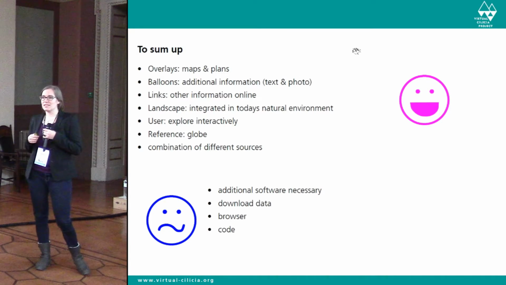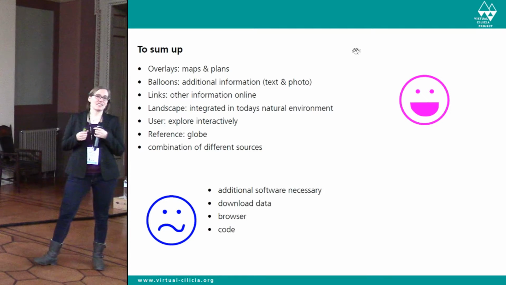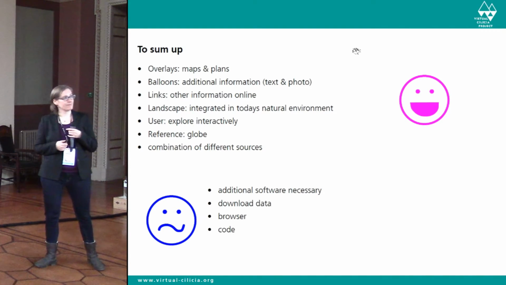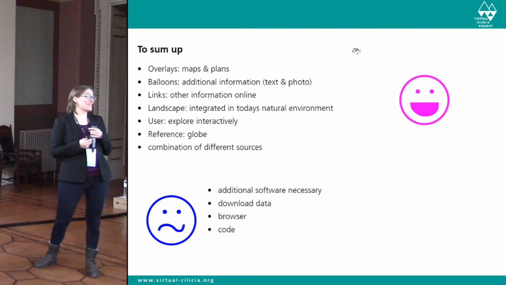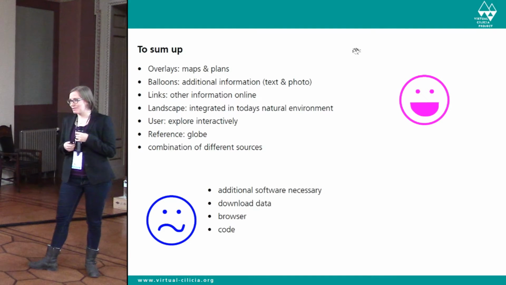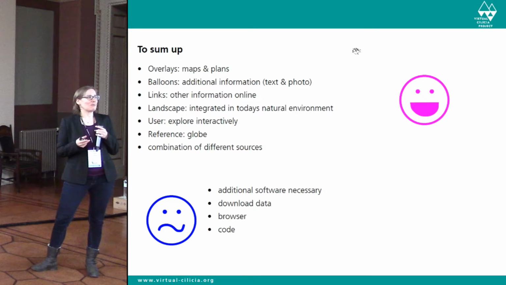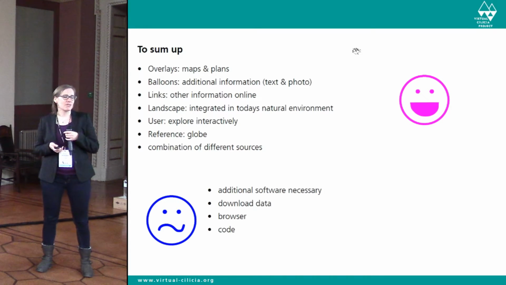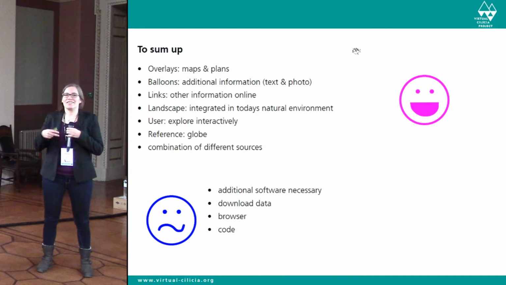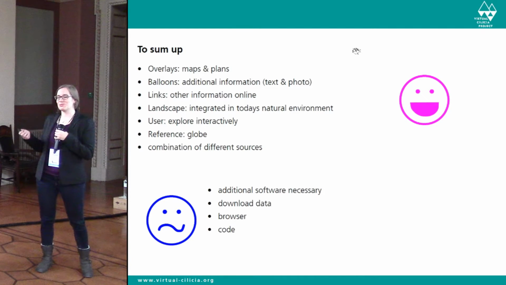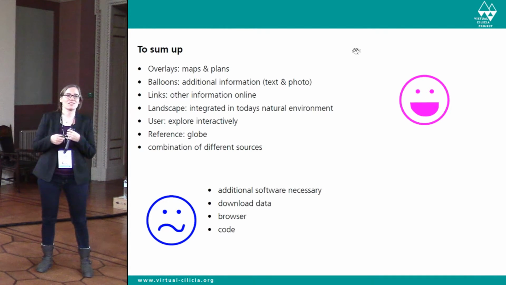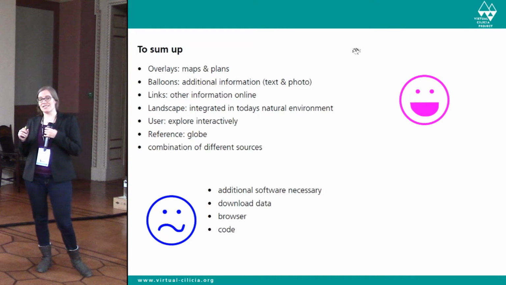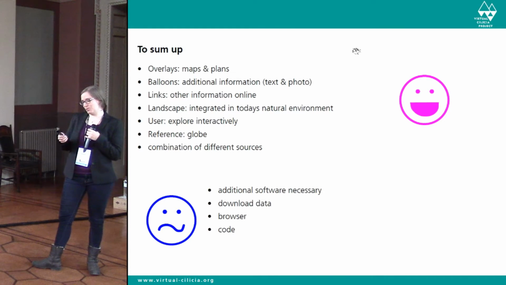And I think the main positive thing is that the combination of different sources provides more information. Negative, there is additional software necessary, you have to download data, it's not running very well in the browser. And if you're interested in adding your own icons, choosing the layout, it's necessary to go to the code.